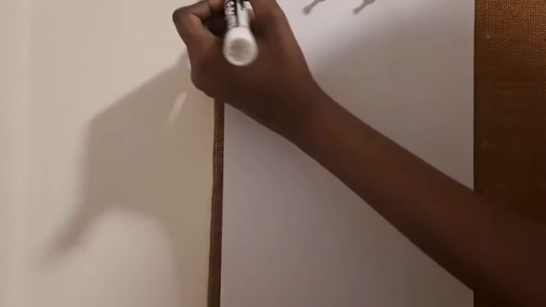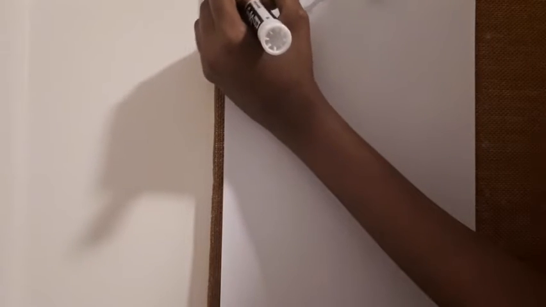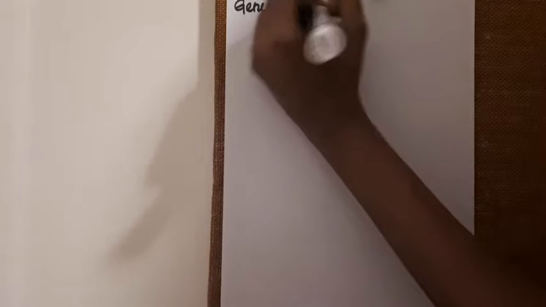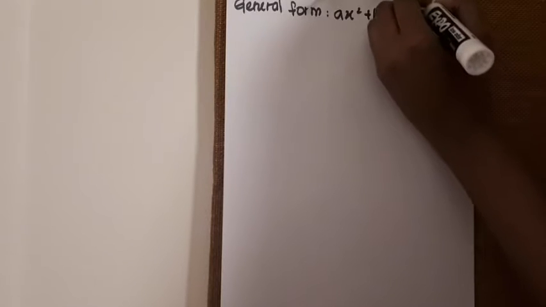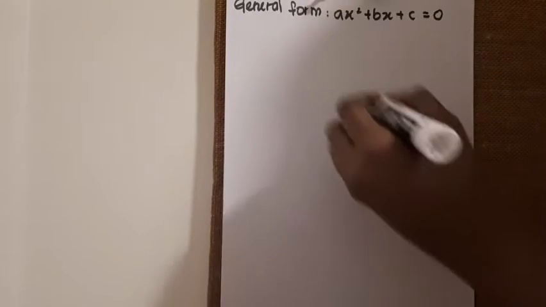So far in this chapter we have looked at the general form of the quadratic equation. Let me do a recap. The general form is ax squared plus bx plus c equals 0, and the equals 0 is a very important part.